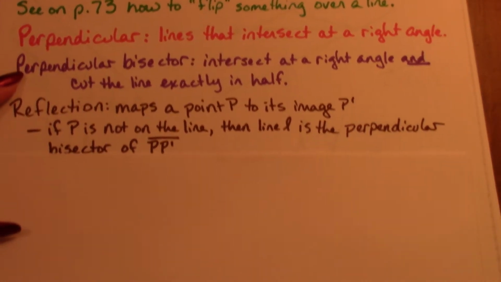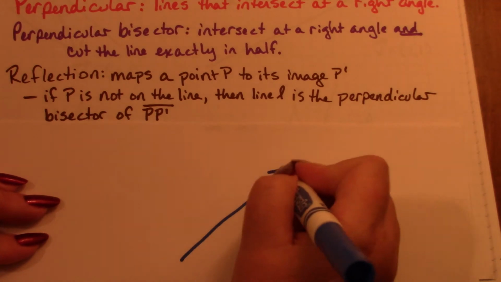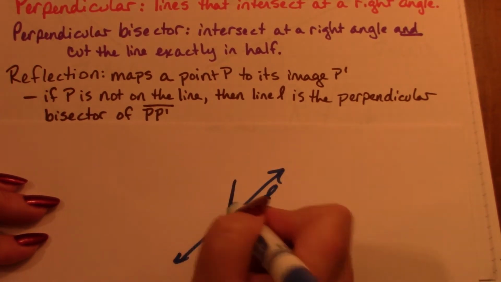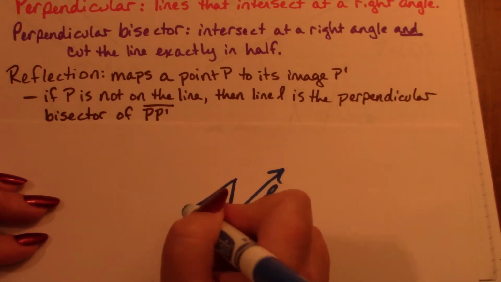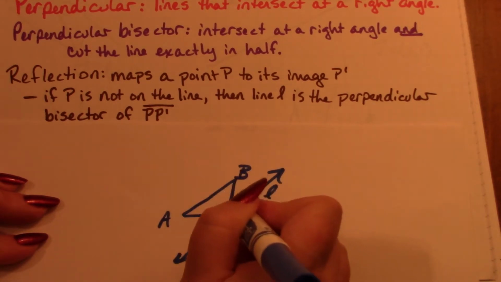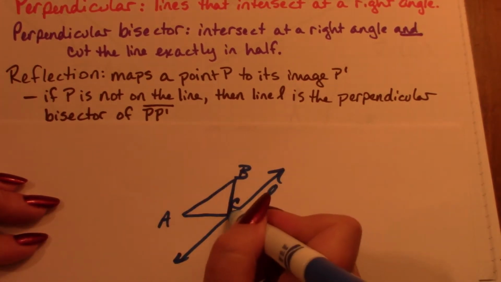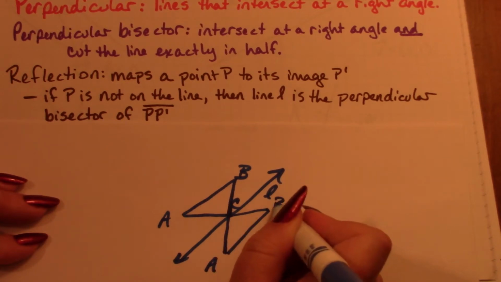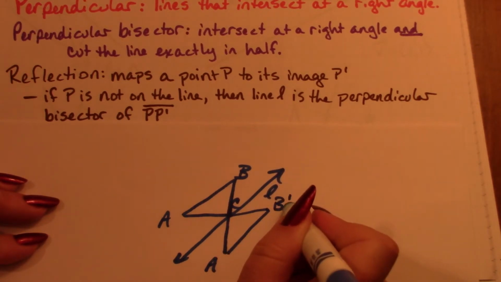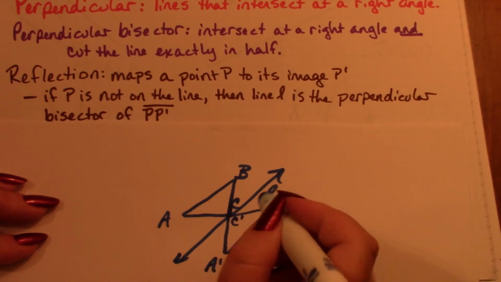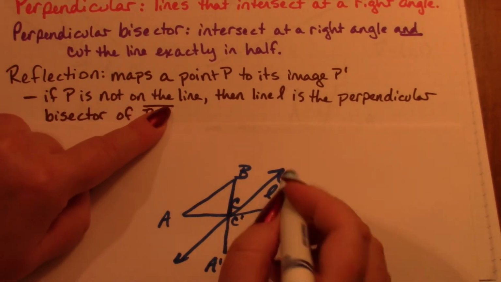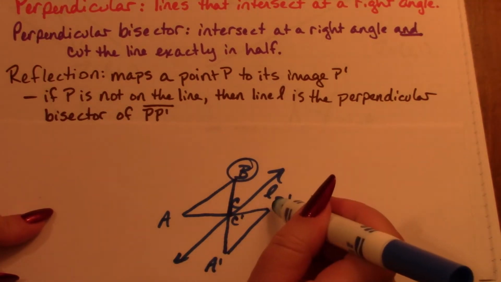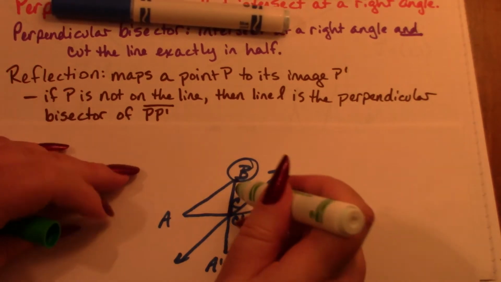Let me explain what that means. If I have line L and I have a shape that looks like that, A, B, C, and I were to flip it over this line, and I am doing a very poor job. Oops, prime goes up at the top, C prime. If P is not on the line, so let's say that's P, then line L is the perpendicular bisector of this line.